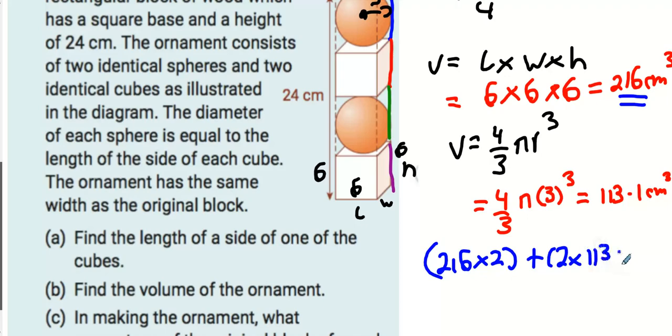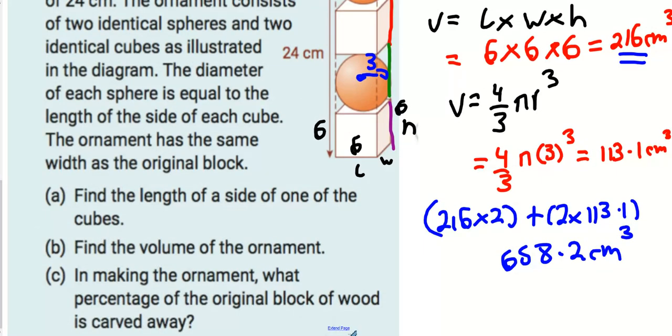We're going to add them together, and what do we get? I'm going to get 658.2, but it's roughly the same answer. Who got that? Radius is half the 6, which is the 3. Cool.